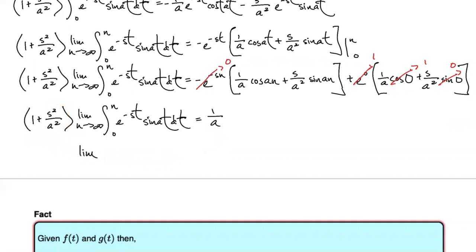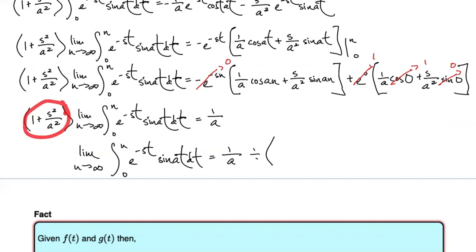The limit as n approaches infinity, integral from 0 to n, e to the negative st sine of at dt equals 1 over a divided by, and I'm going to take this 1 plus s squared over a squared and turn that into a single fraction.